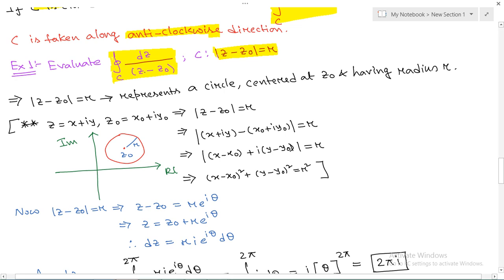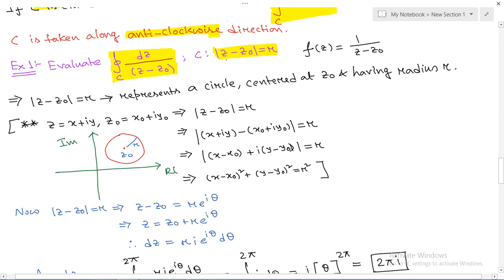For this integration, our main function f(z) is nothing but 1 upon z minus z0.